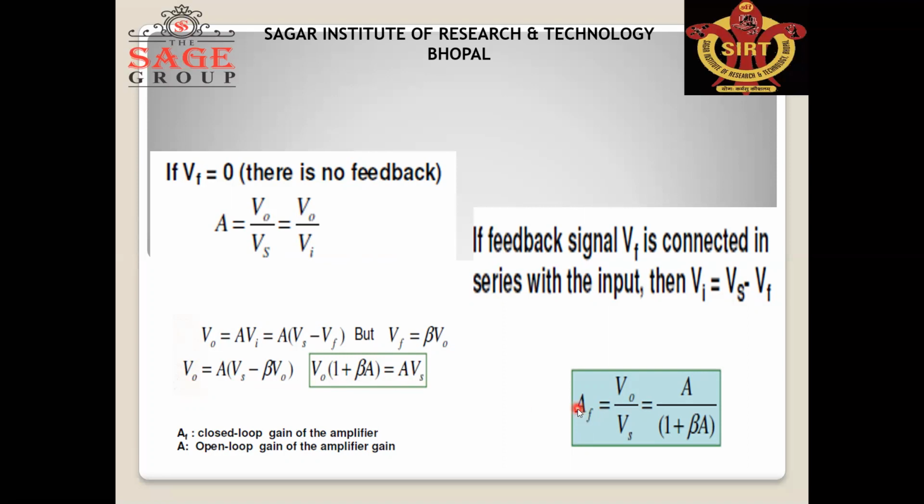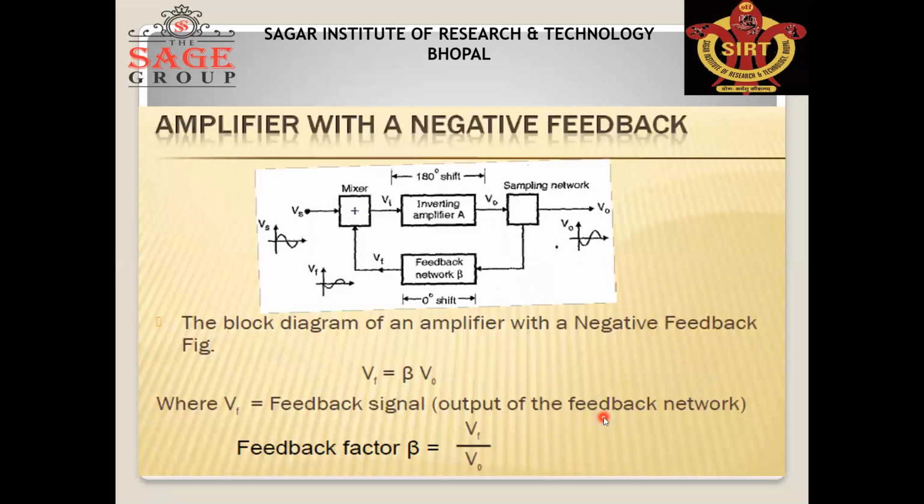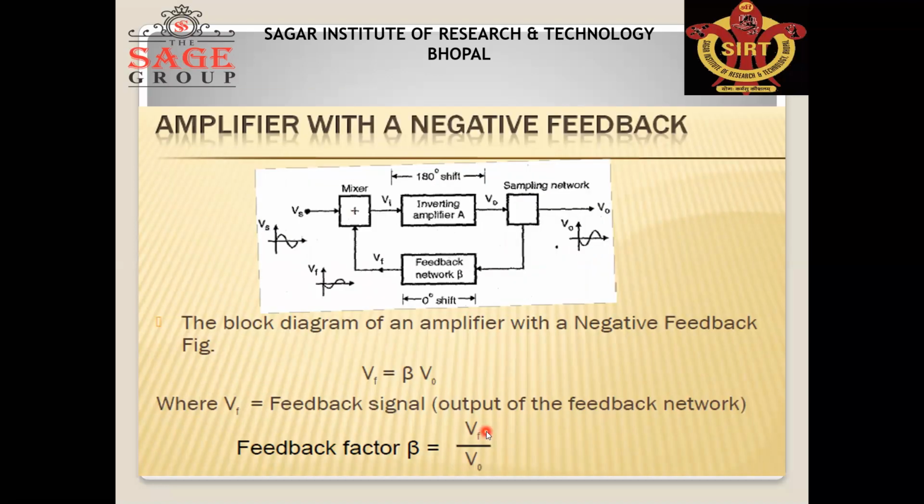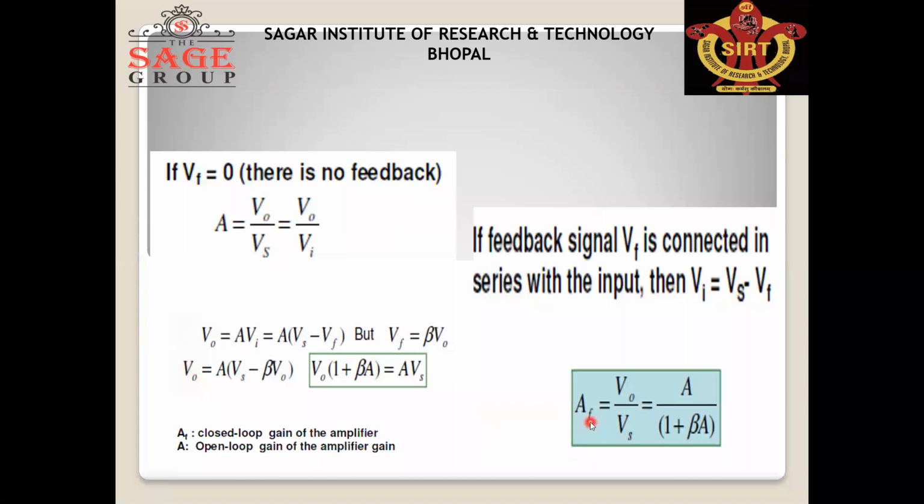Again rearranging, V naught upon Vs is equal to A upon 1 plus A beta. V naught upon Vs is known as AF, the gain of the amplifier with feedback, and A is the gain of the amplifier without feedback.